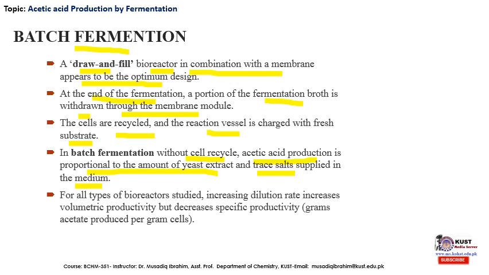Now, for all types of bioreactors studied, increasing dilution rate increases the volumetric productivity but decreases the specific productivity, that is the grams of acetate produced per gram of the cells.